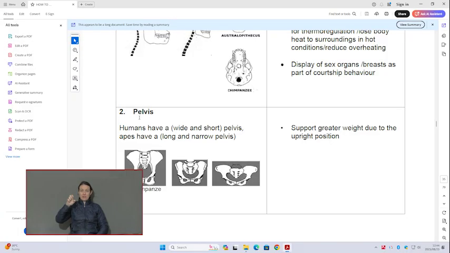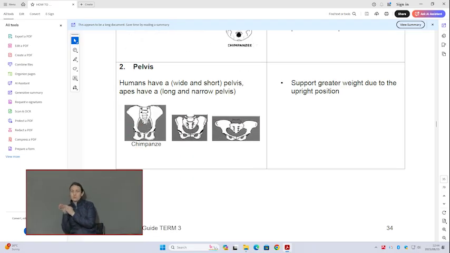When we look at the pelvis of humans, we say it is short and wider, while the pelvis of other primates is long and narrow. So if we look at this pelvis, we have pelvis A, pelvis B, and pelvis C. Pelvis C will represent who?